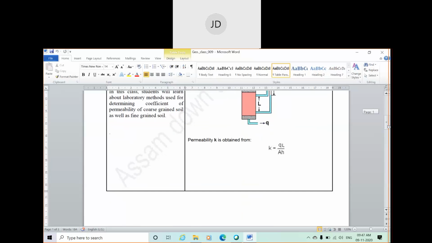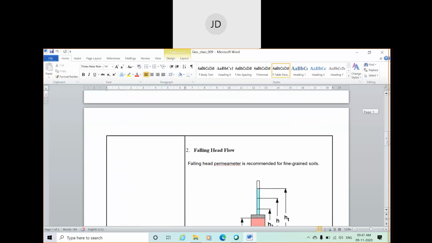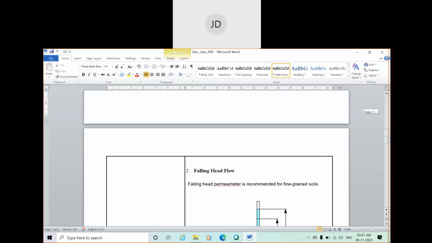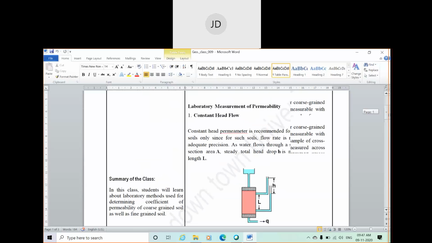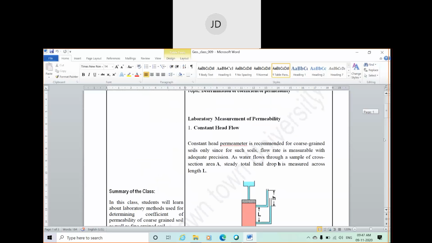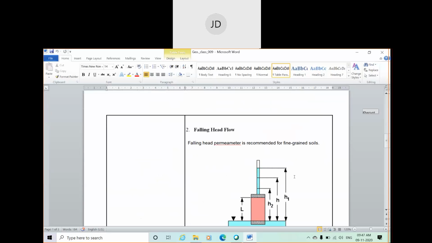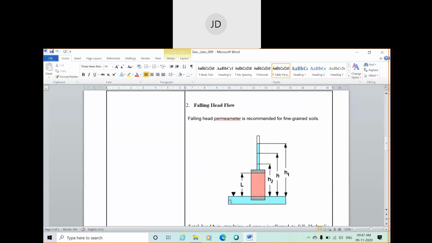Next we'll come to the second one, that is the falling head test. Now we can see the difference between the constant head test and the falling head test. In the falling head test, the difference in head between the top water level and the bottom water level will not remain the same throughout the test, since there is no continuous flow of water from the top.